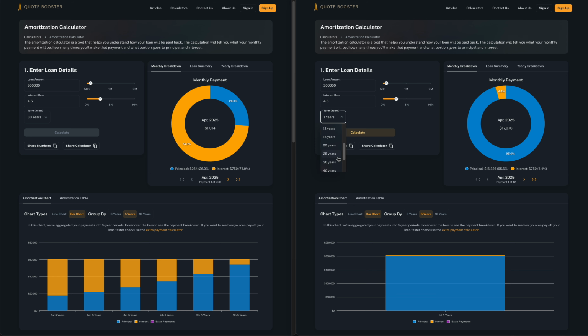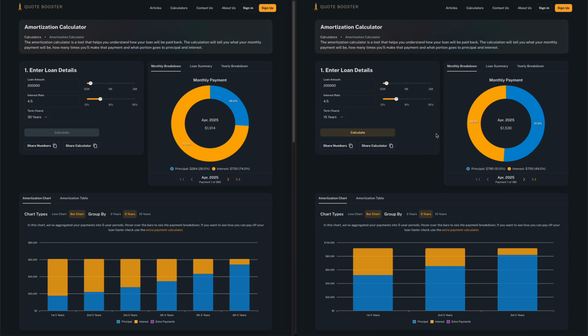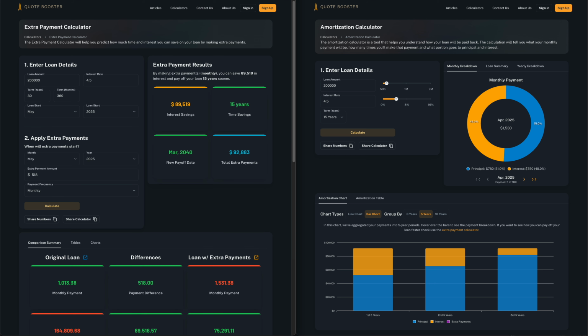So what does that mean? That means the second method for you to pay less interest on your loan is to pay it off quicker. Let me open up a new tab. If we take this same loan, a $200,000 loan, a 4.5% rate, a 30-year term, but we start making extra payments, we're going to add $518. Because of penny rounding, we're going to set this to 518.